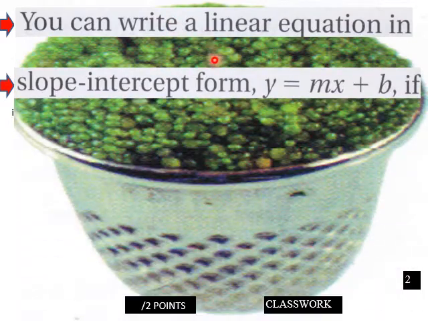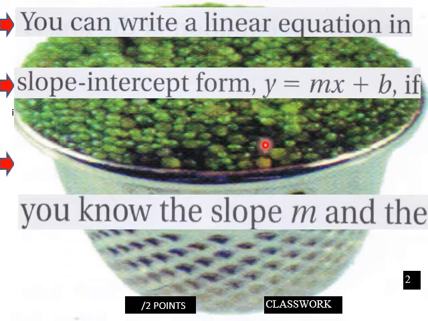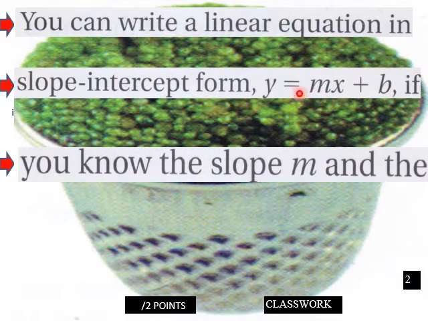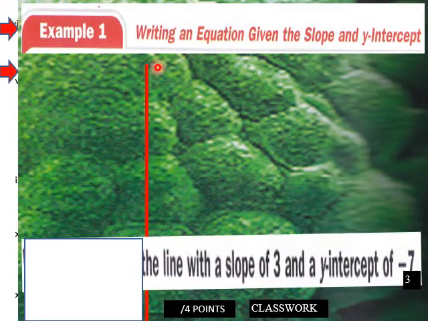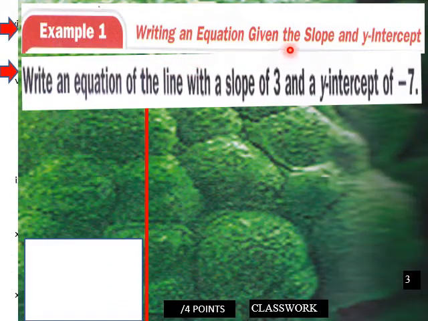You can write a linear equation in slope-intercept form, y equals mx plus b, if you know the slope m, here's your m, and the y-intercept b, here's your y-intercept of the equations. So, example 1, write an equation given the slope and y-intercept. You have a line here, slope 3, and a y-intercept of negative 7.